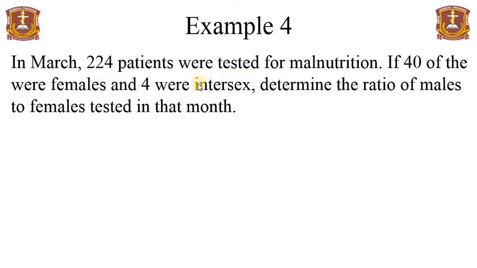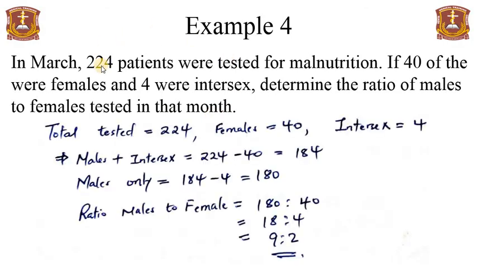This is another gender which is being accepted by various countries, so we also need to take it into consideration if that country has accepted it. So we have 40 being females and 4 intersex. Determine the ratio of males to females tested in that month. Total tested is 224, females 40, intersex 4.